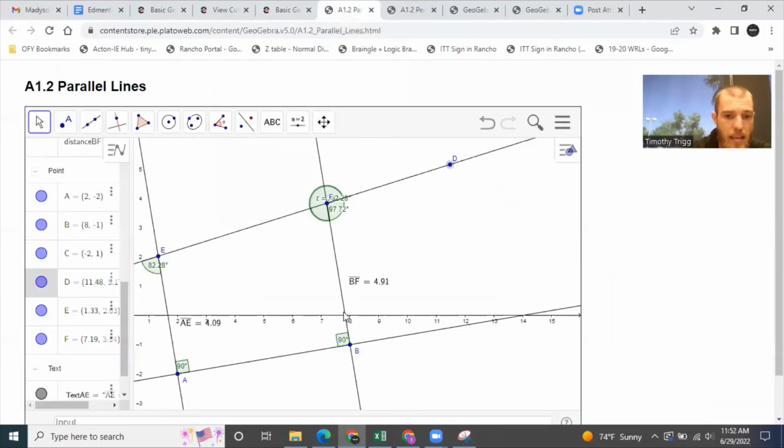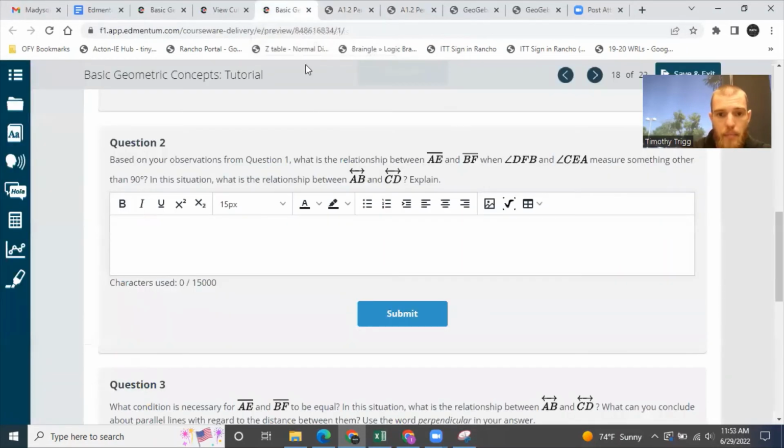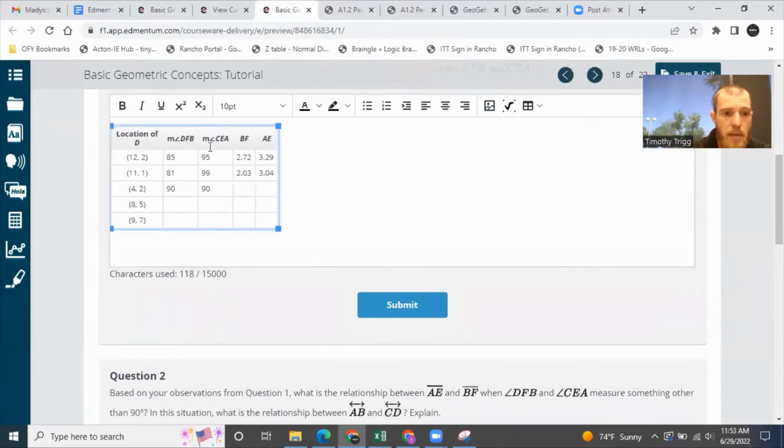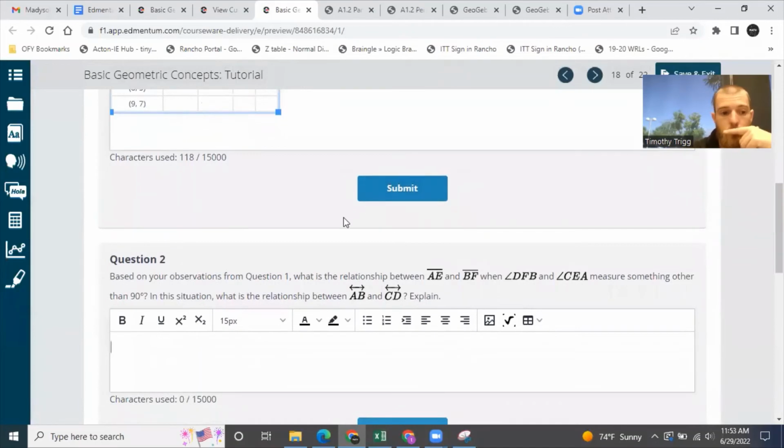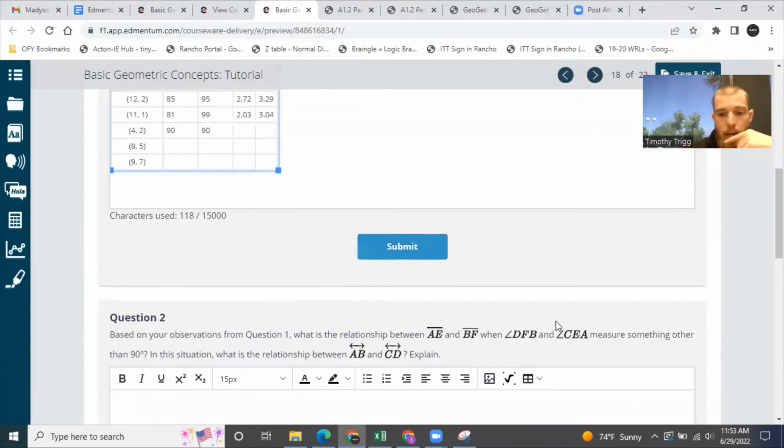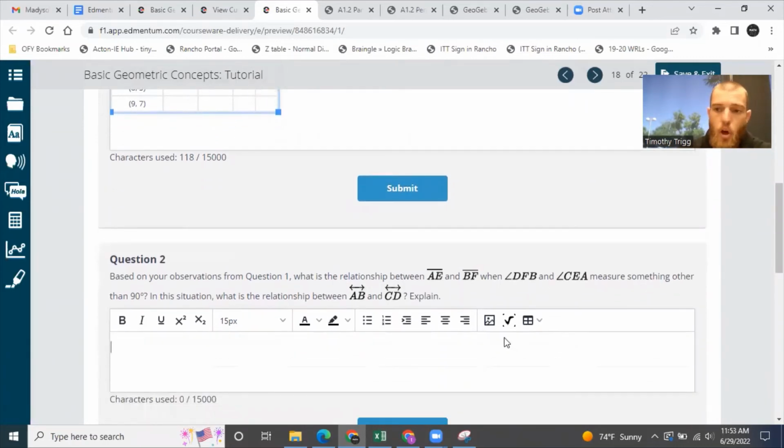Well, AE and BF will not be the same length. They will be different lengths. And then DFB and CEA, notice they always add to 180 degrees. So you would say that angle DFB and angle CEA always add up to 180 degrees.